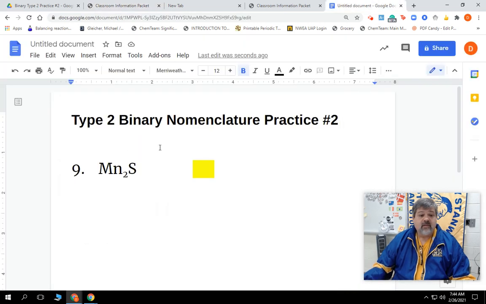So go back to the problem. We're going to put a -2 over top of the sulfur. Well, since I only have 1 sulfur, I know that my total charge for sulfur is a -2 times 1, which is a -2. Well, what that means is that my total charge for the manganese has to be a +2, because remember, they have to be equal but opposite.